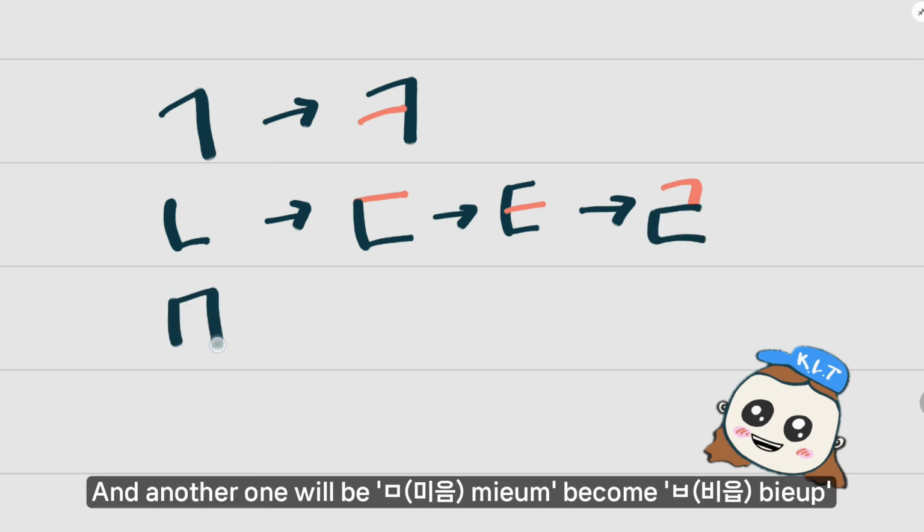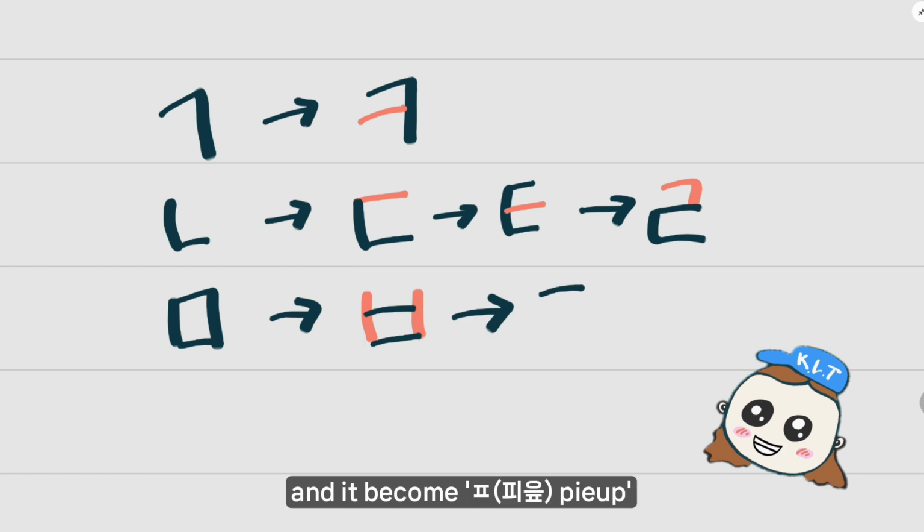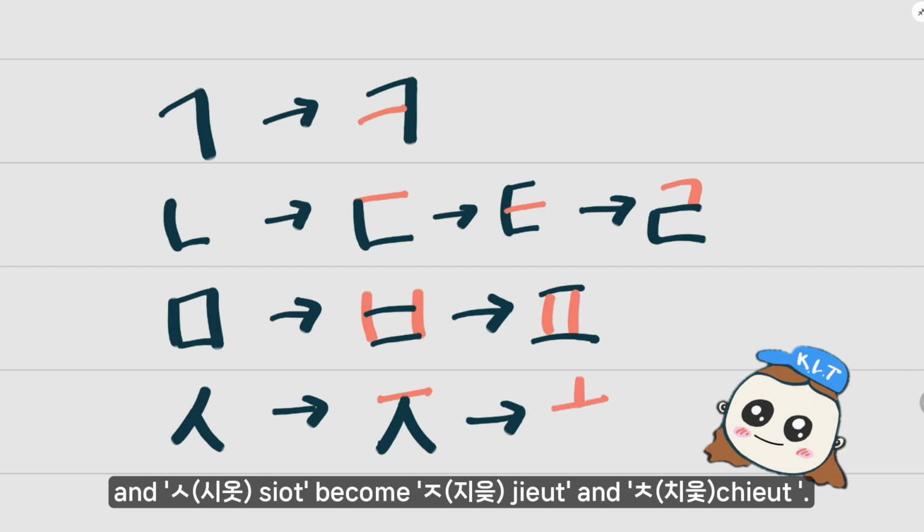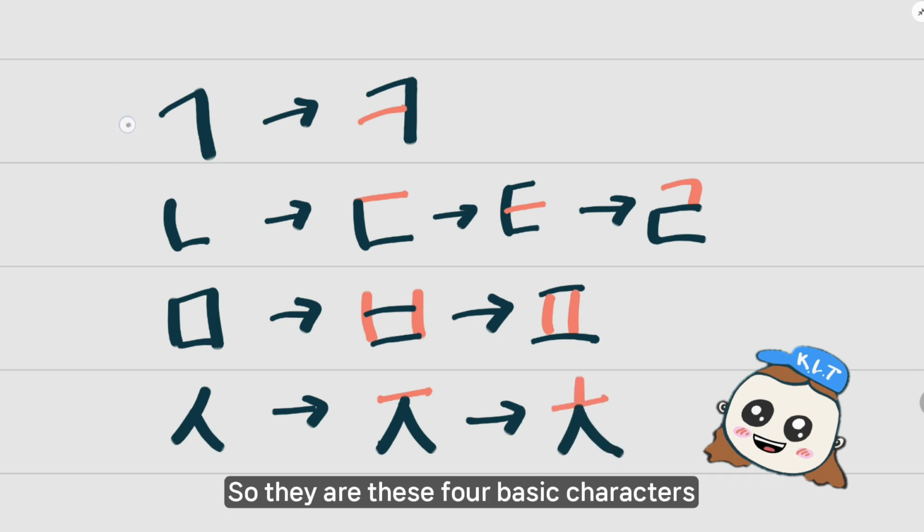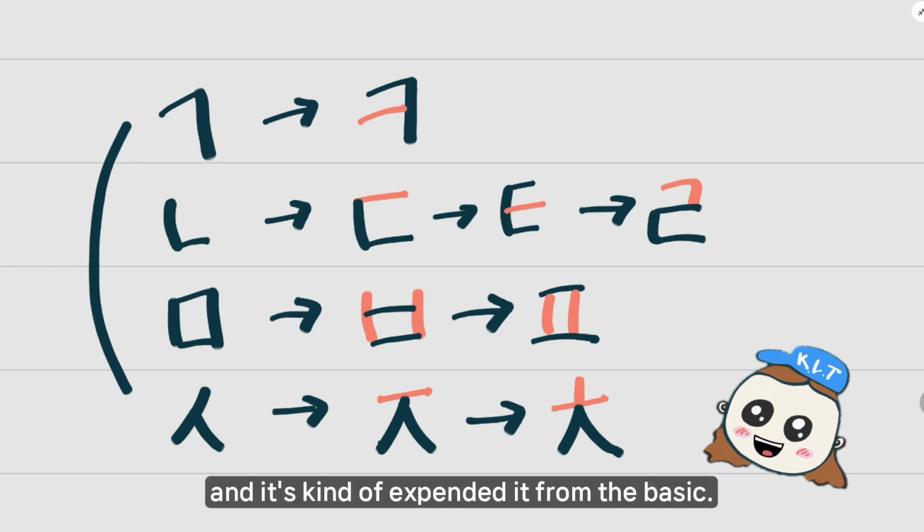And another one will be 미음, becomes 비읍, and it becomes 피읖. And 시옷 becomes 지읒 and 치읓. So there are these 4 basic characters, and it kind of expanded from the basic.